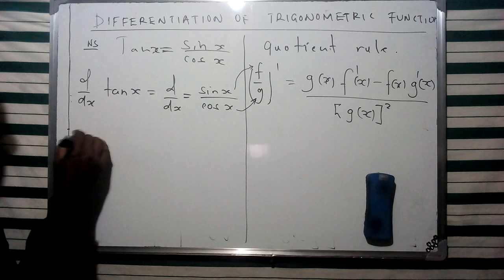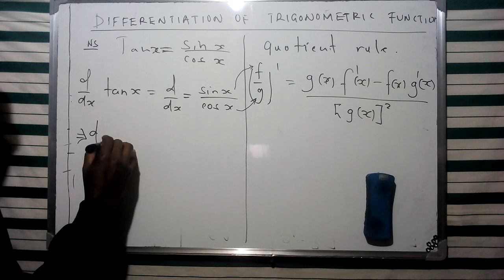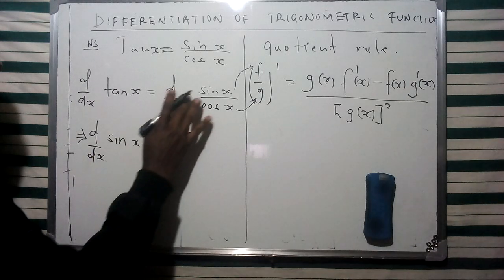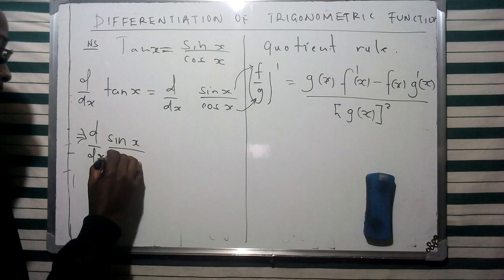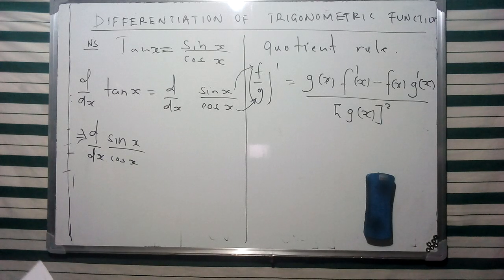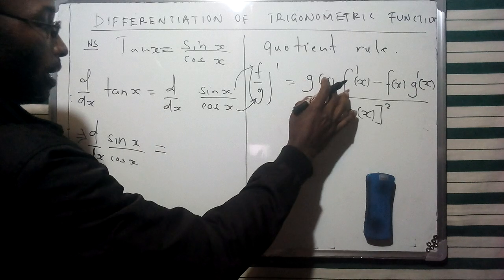Therefore implying that d/dx of the sine of x over the cosine of x can be given in terms of g(x).